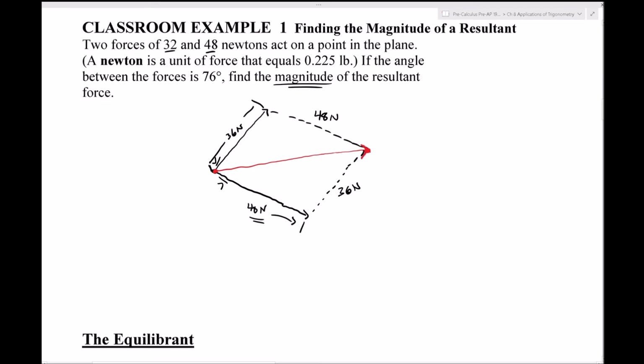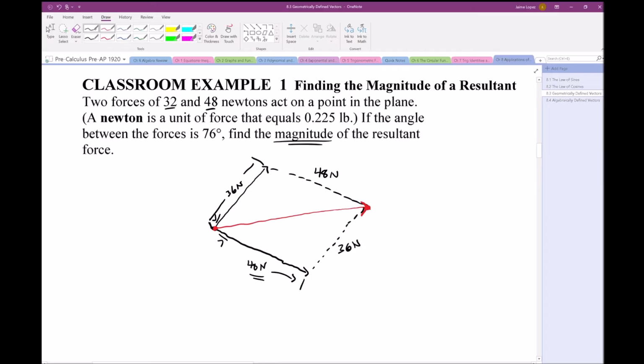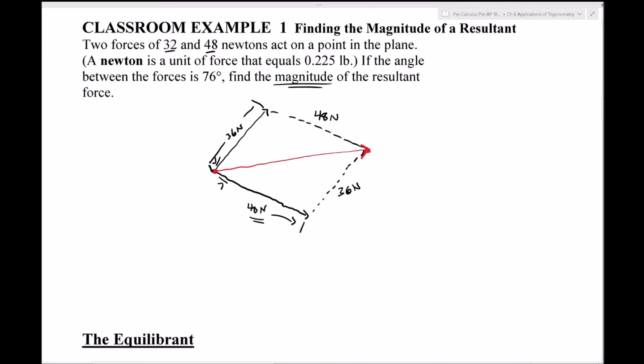Not too tough. To find a magnitude, we're probably going to think of this as a triangle problem. So what was the angle that they gave us? It was 76, and 76 is this one here. One thing we should know for parallelograms is that if that one's 76, its opposite is also 76. Those are congruent. Another thing to remember is that adjacent angles, 76 and this one, add up to 180.